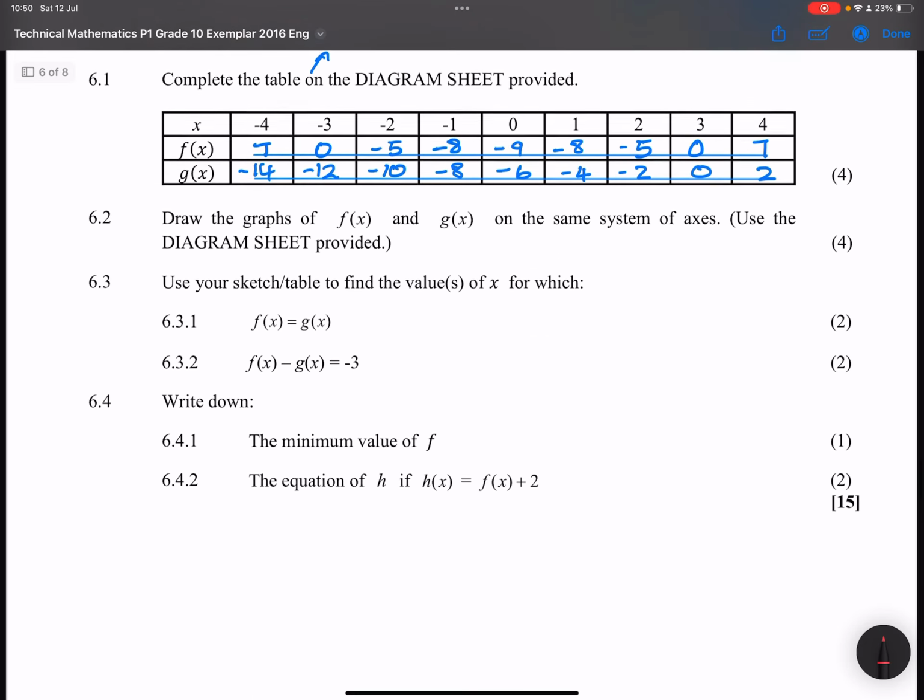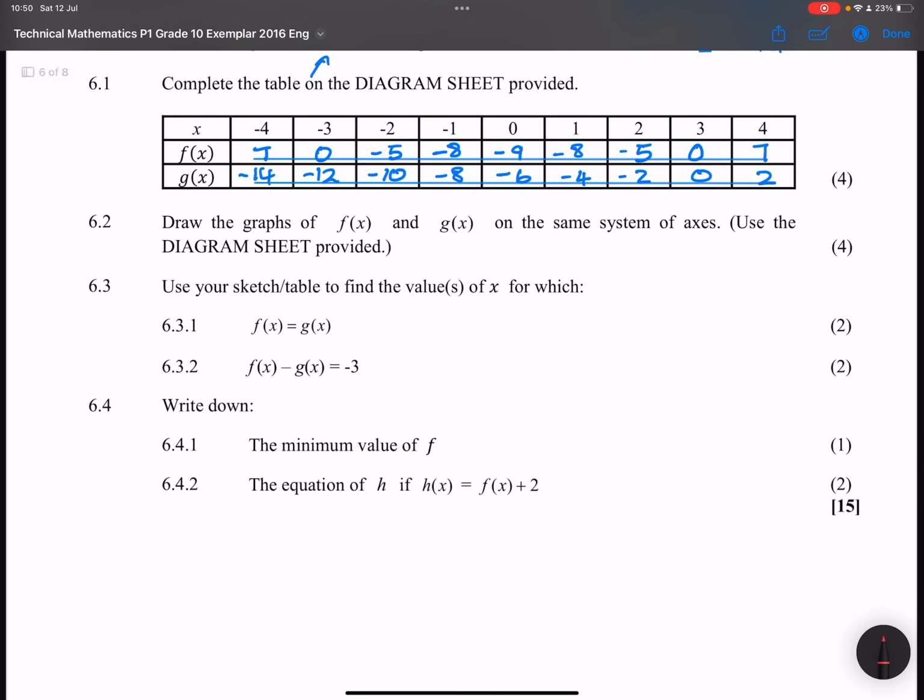Now, they say to us, use the sketch or the table to find the values of x for which f of x is equal to g of x. Where do we have the same value? Well, when x is -1, look at that, both of them are -8, but also when x is equal to 3, both of them are actually equal to 0.